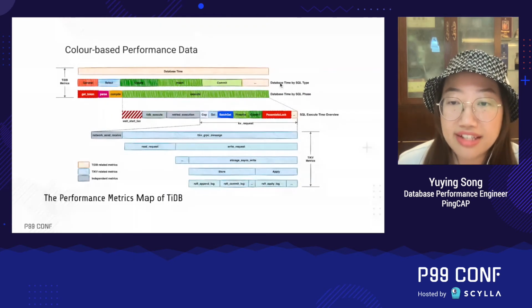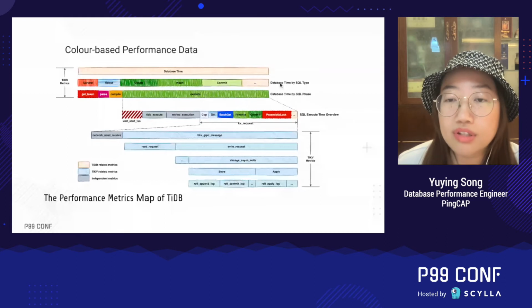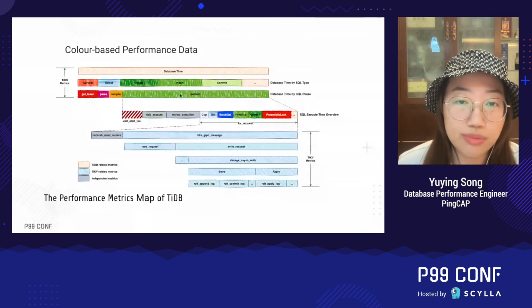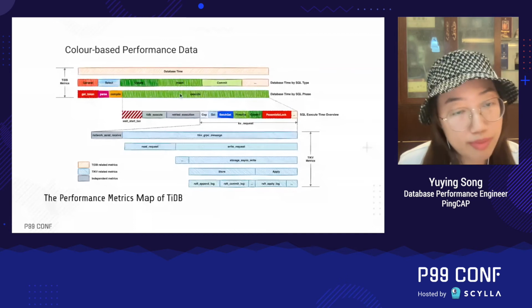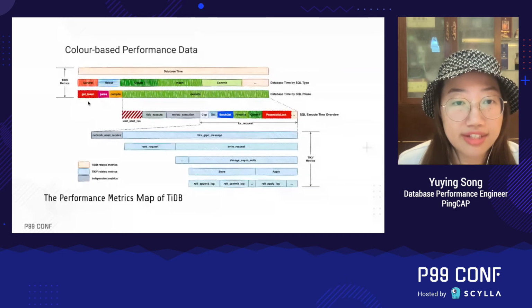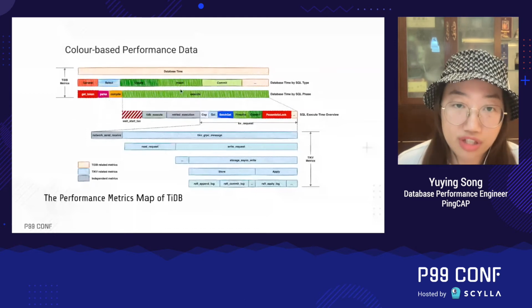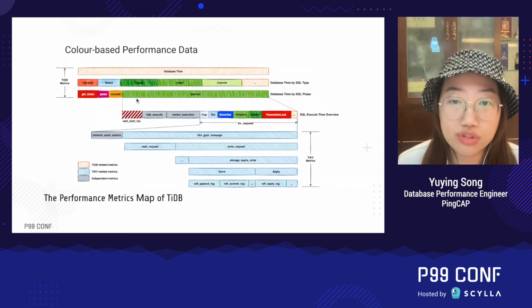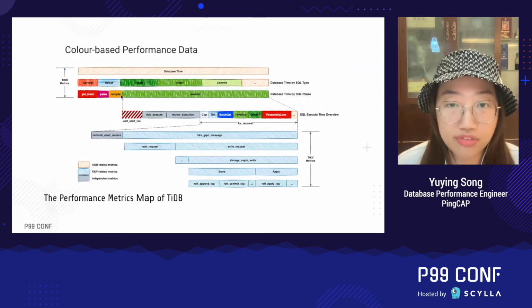And then the second chart: we divided database time by SQL phase. It's those 4 phases we talked about before: get token, parse and compile the SQL, and execute the SQL. For this chart, in a normal workload or a normal situation, green should take the most part of this chart.